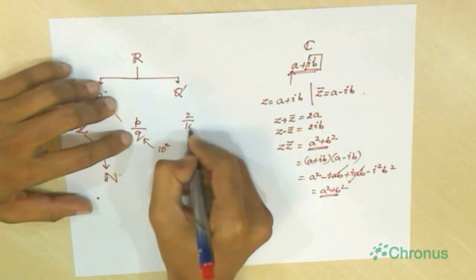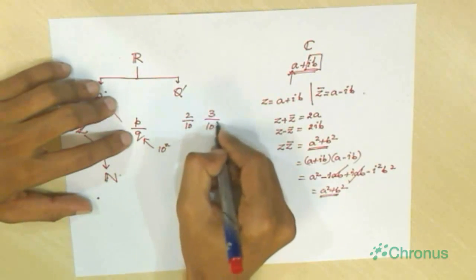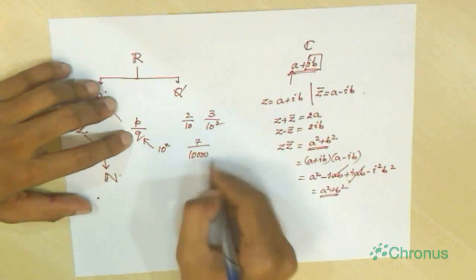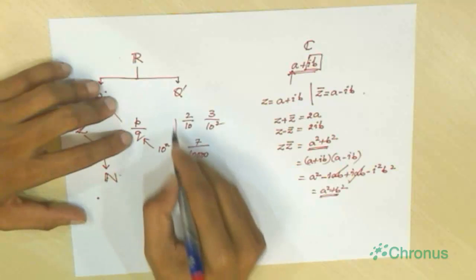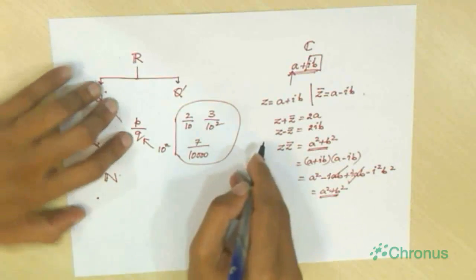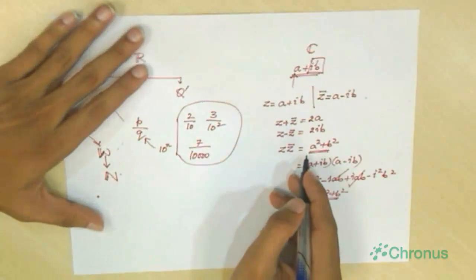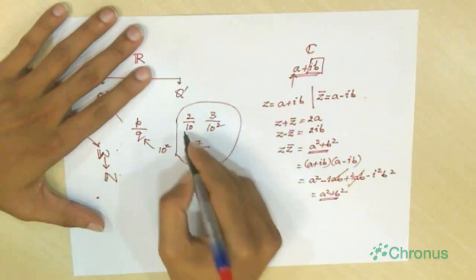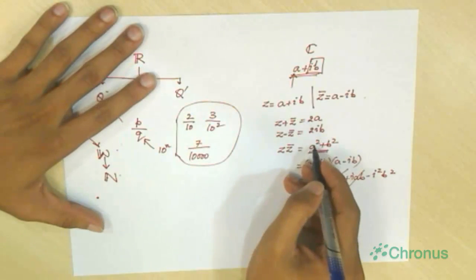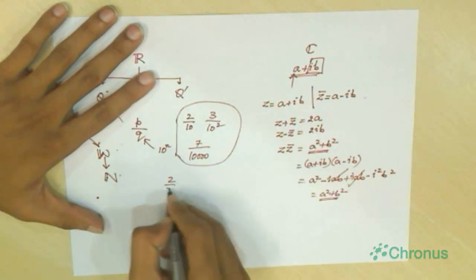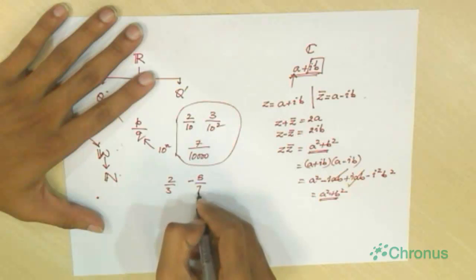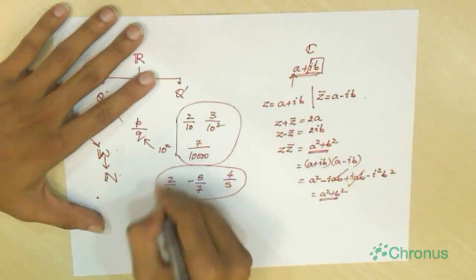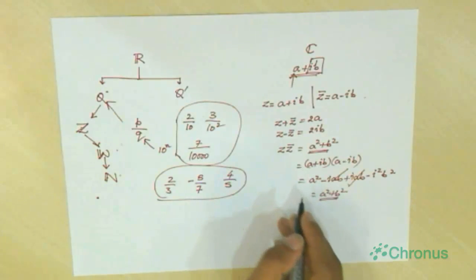So 2 by 10, 3 by 10 square, or 7 by, say, 1 followed by 5 zeros, which is nothing but 10 power 5. These are decimal fractions. And any fraction whose denominator is not a power of 10 is called a vulgar fraction. Say 2 by 3, minus 5 by 7, say 4 by 5. All these are vulgar fractions.